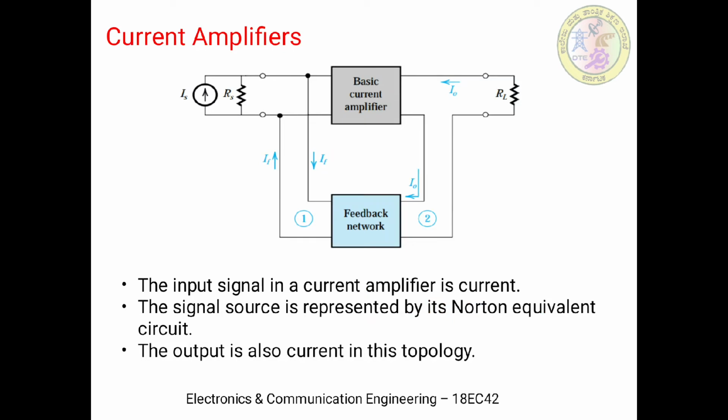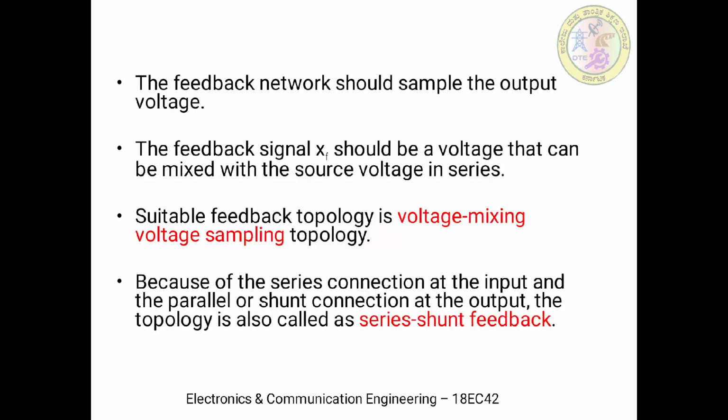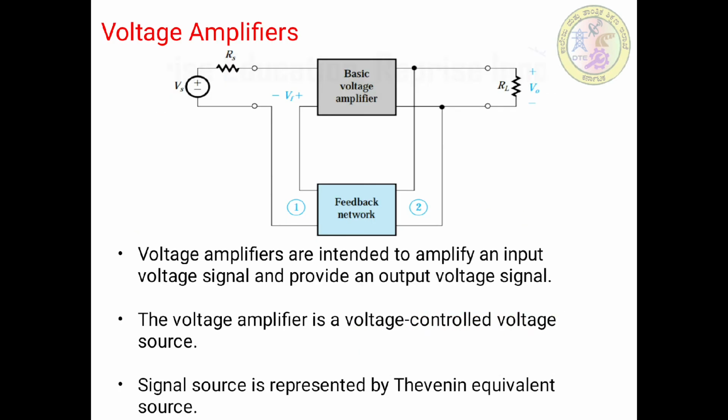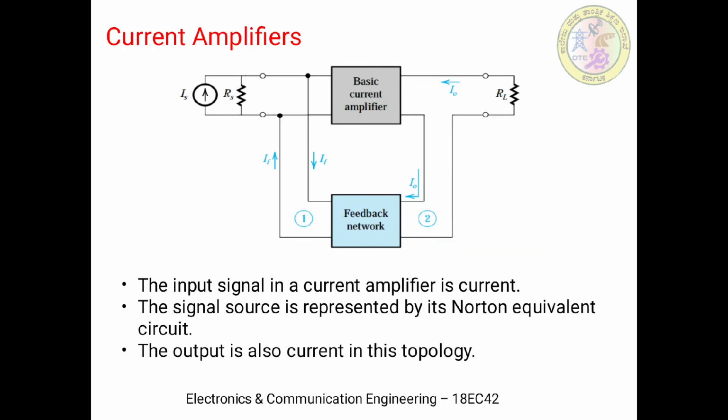So next we have current amplifiers. In the case of current amplifiers, the input is current as well as the output signal is current only. Here at the input side you can observe the signal source, which is represented by Norton's equivalent circuit.